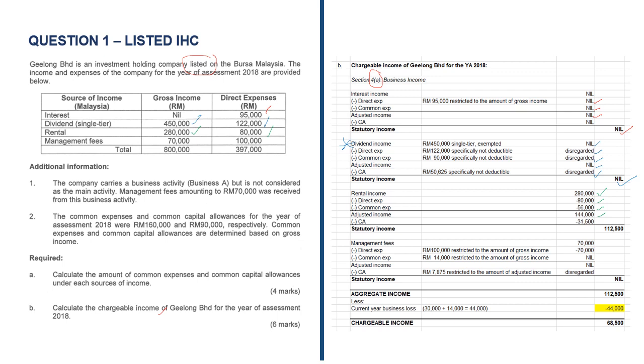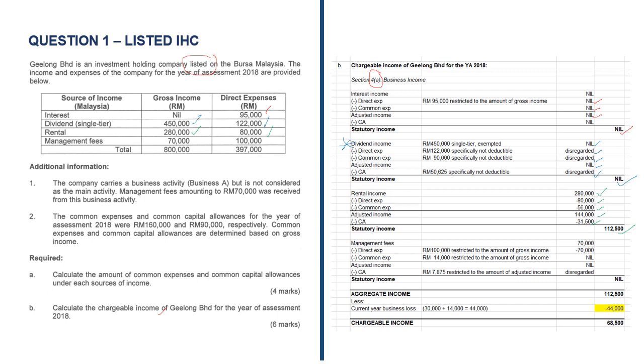Minus capital allowance that belong to rental, we have 31,500. So, last kali, we get the statutory rental income of 112,500. 112,500.